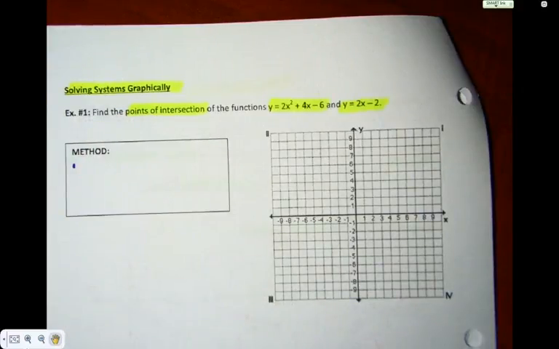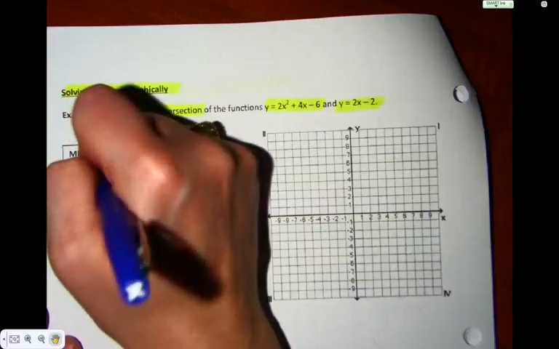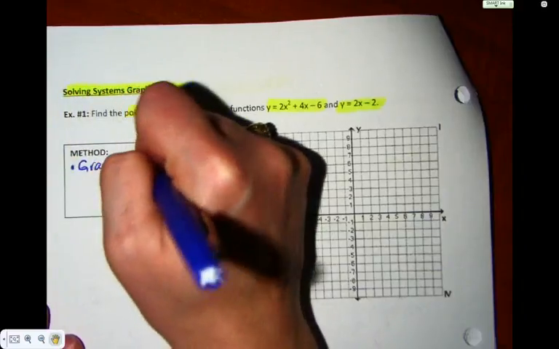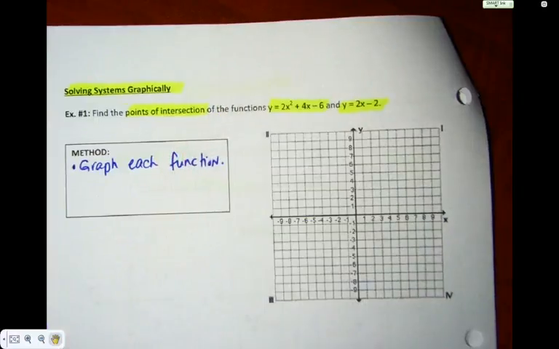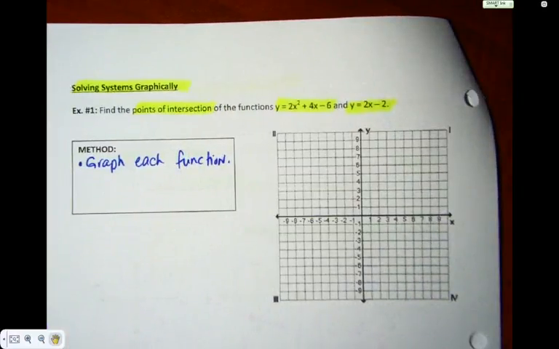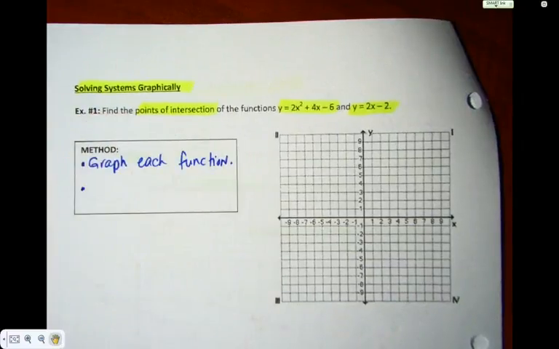Would you like to guess step number 1? Yes, graph each function. Would you like to guess the second and last step?